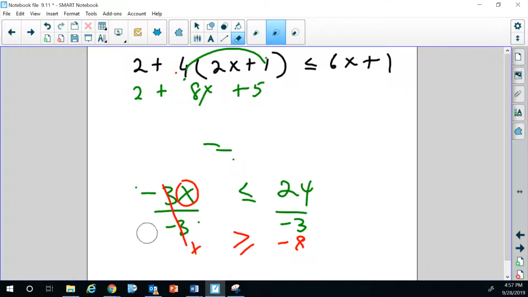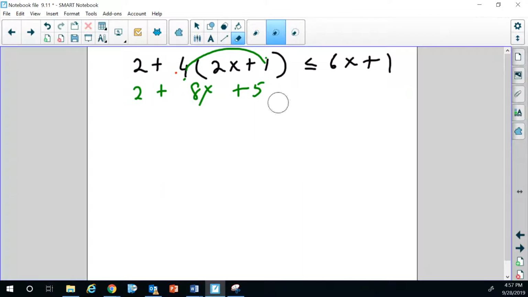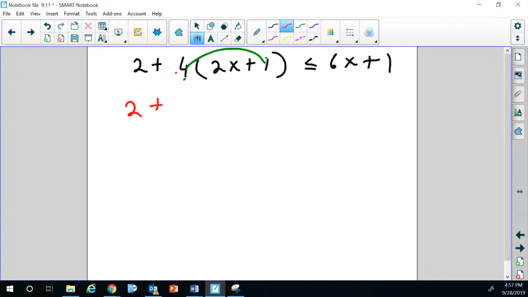Again, I have some students there, they're still not understanding that you cannot combine the x term and the integer. So, for instance, let's distribute this real quick. We get 2 plus 8x plus 4 less than or equal to 6x plus 1.